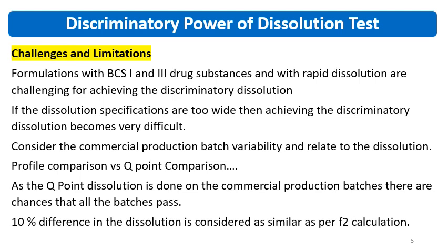So at S2 all batches will pass, and if any batch is there with little bit variability, if it is going to S3, there are more chances that that batch will pass. So always consider the S2 stage or always consider 12 unit data for showing the discriminatory power.